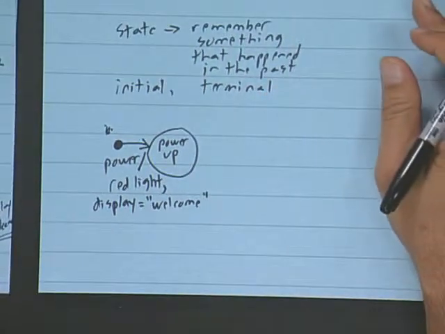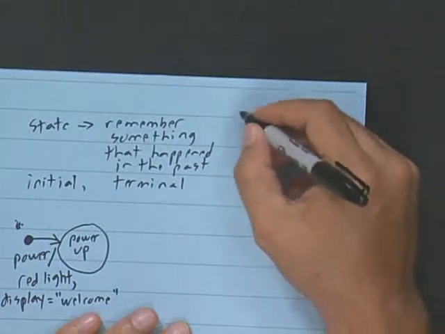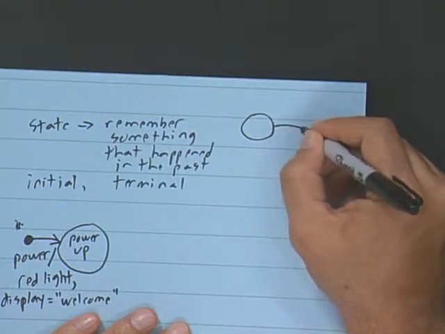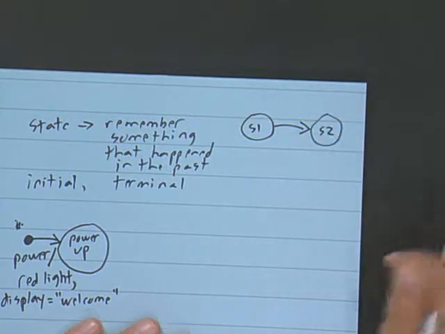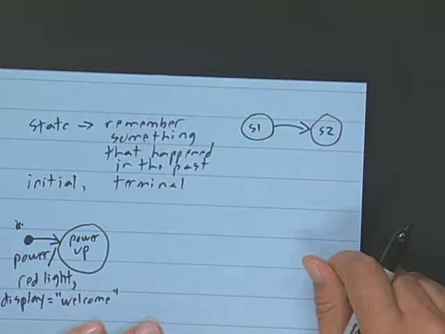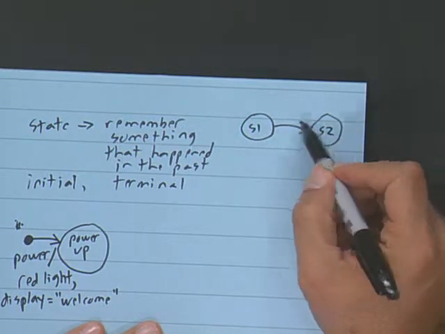Now let me show you the generic form of what we're trying to do here. If you're going from one state to another state, we'll call this state S1 and this state S2. What causes me to go from state 1 to state 2 is an event.